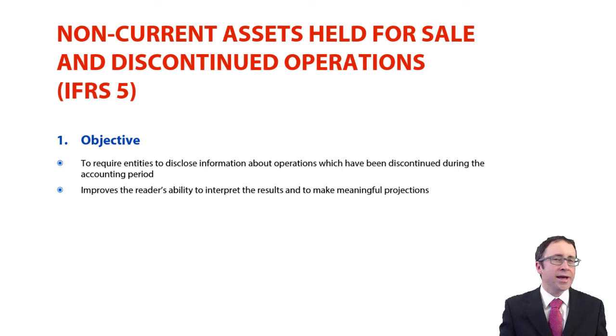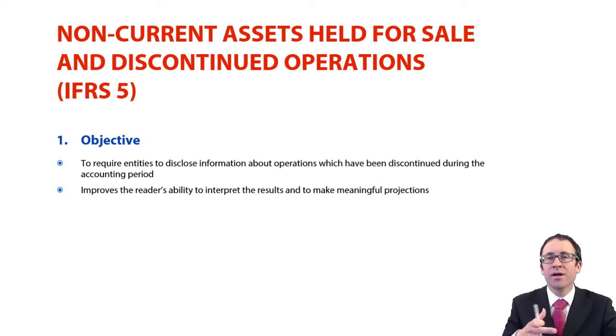In terms of how it could get examined, again, it could be a part of a Section C question on your individual published company accounts, whereby you may have to account for a non-current asset held for sale as part of PPE, or you might have to disclose the discontinued operation as part of the preparation of an individual company statement of profit or loss.